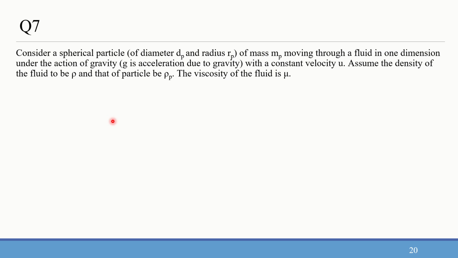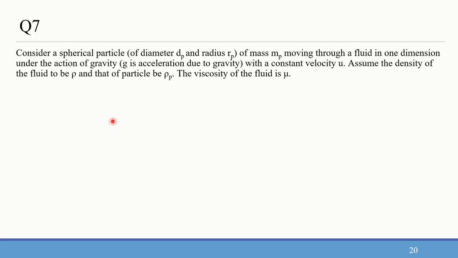So now finally it is question 7. In question 7, what is asked? Consider a spherical particle of diameter dp and radius rp of mass mp moving through a fluid in one dimension under the action of gravity, where g is the acceleration due to gravity, with a constant velocity u. Assume the density of fluid to be rho and that of particle to be rho p.